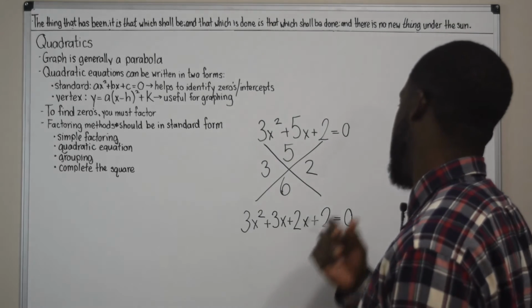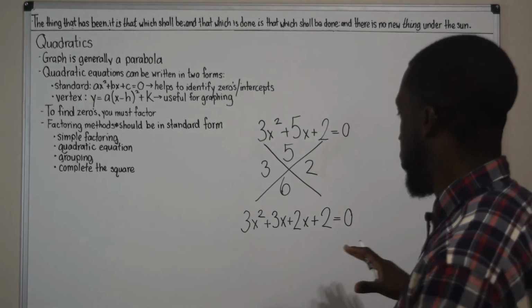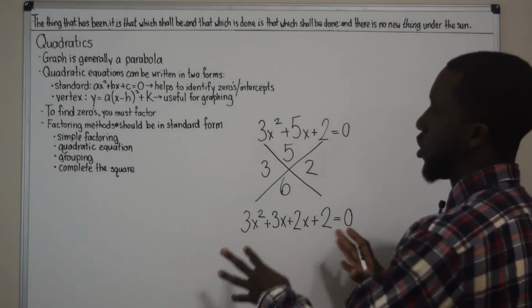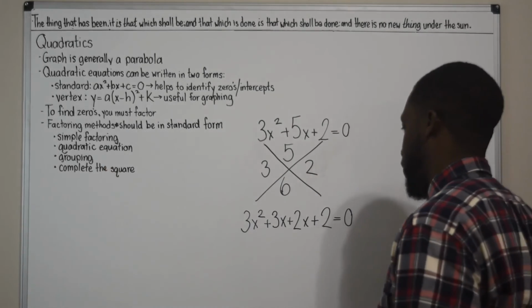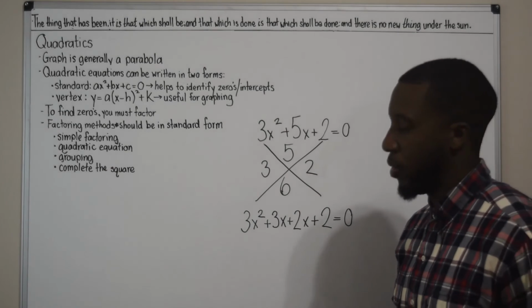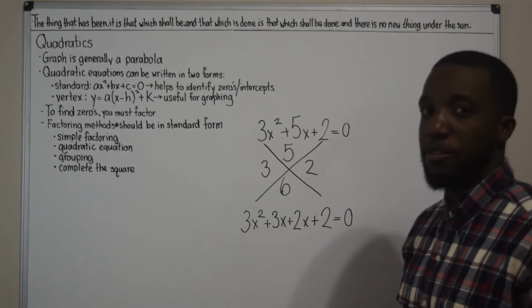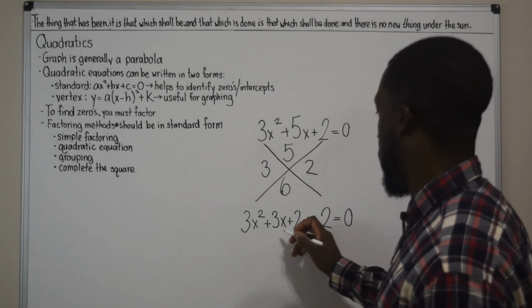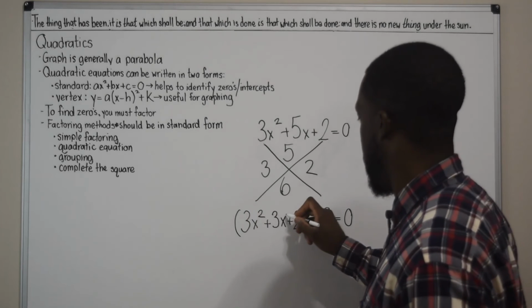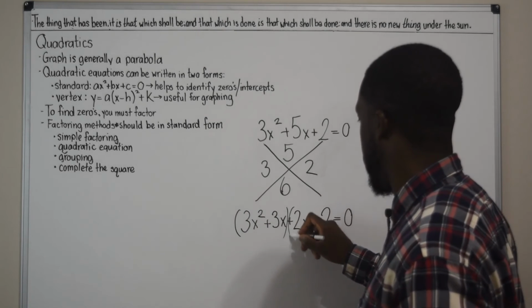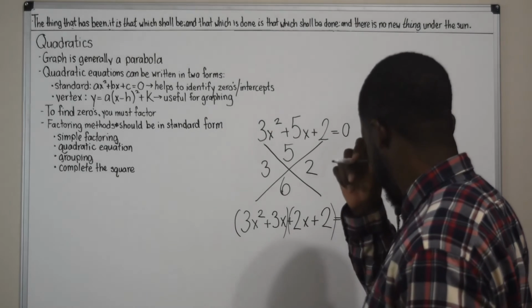All right, so now I'm going to group them. When I group them, I'm going to factor out common factors. So right here, I'm gonna group this and this together, and I'm gonna group these together right here.